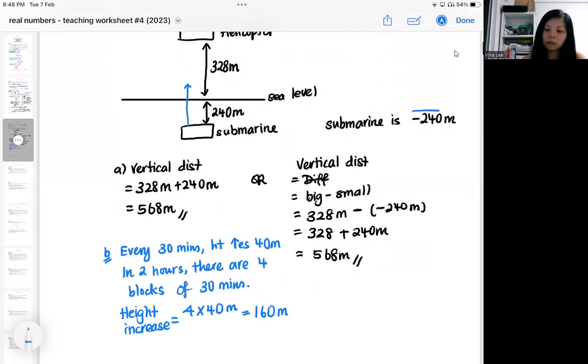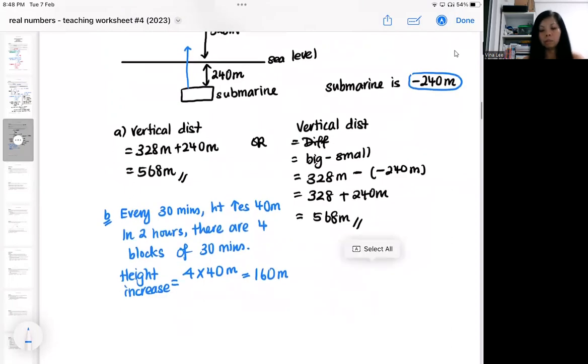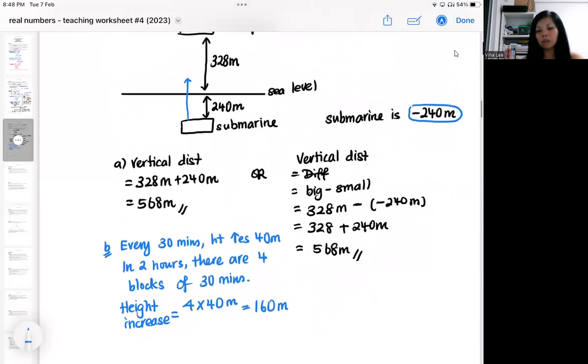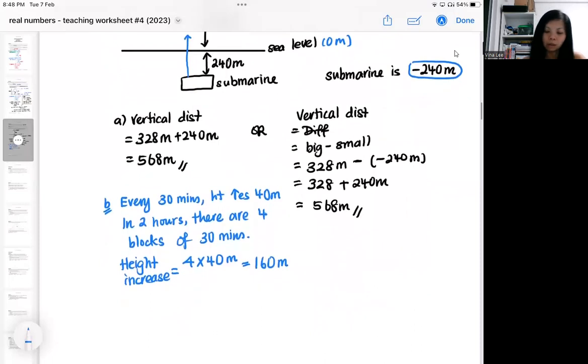So the submarine was at minus 240. The original position was negative because it's below the sea level. You can think of the sea level as a 0. So below the sea level will be a minus 240. So from the starting position, we are going to add 160 meters. So when I do this, my answer is still negative.